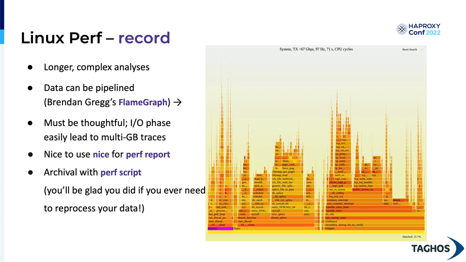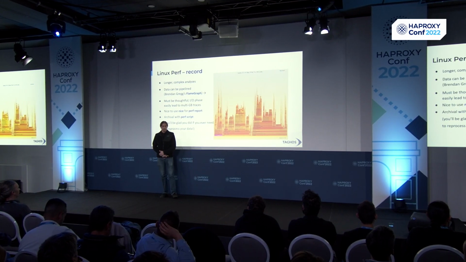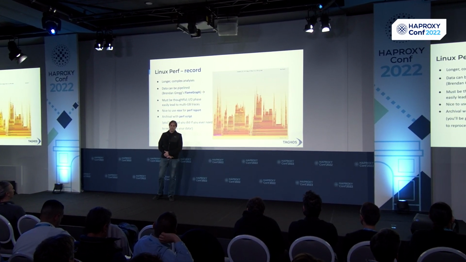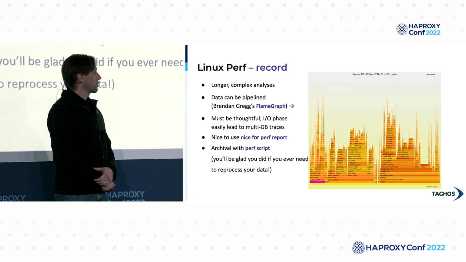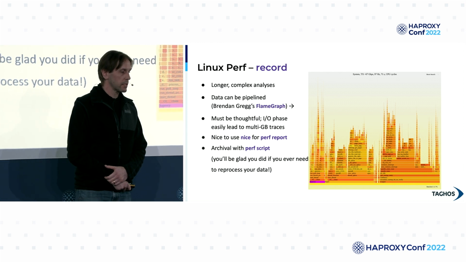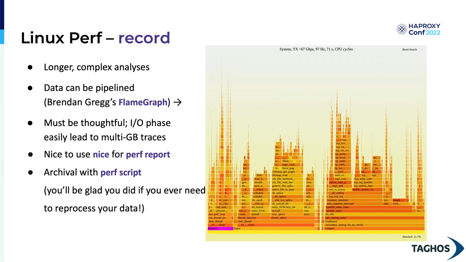The network interface was transmitting at about 67 gigabits per second again. And we tuned down the frequency to 97 hertz, generating this beautiful, if not confusing, flame graph, where we highlighted HAProxy. It's the only bar in magenta at the lower left, or here.